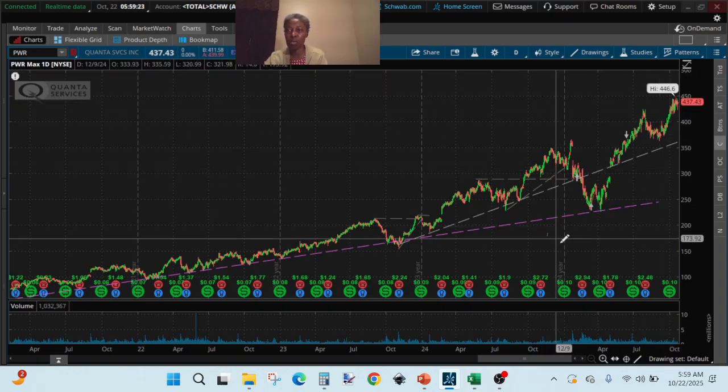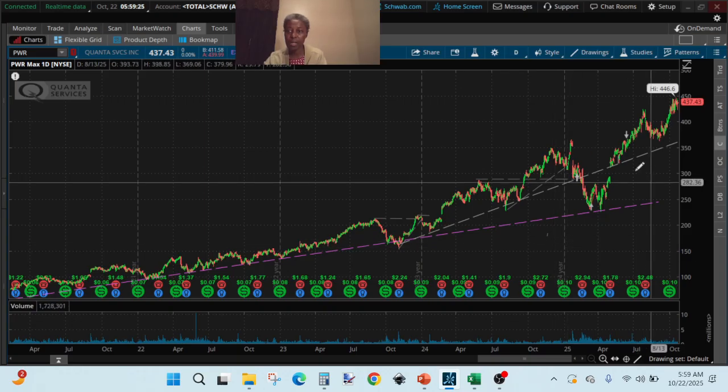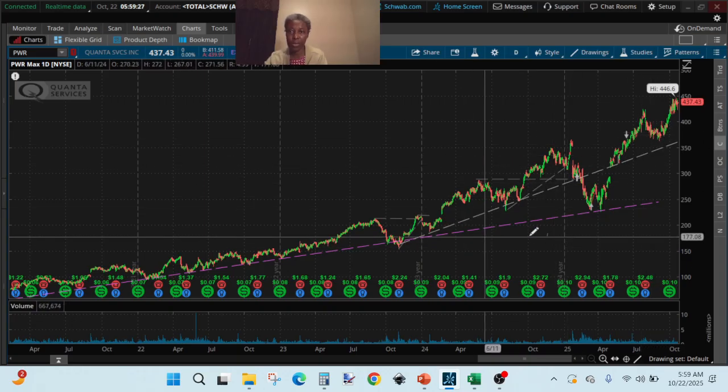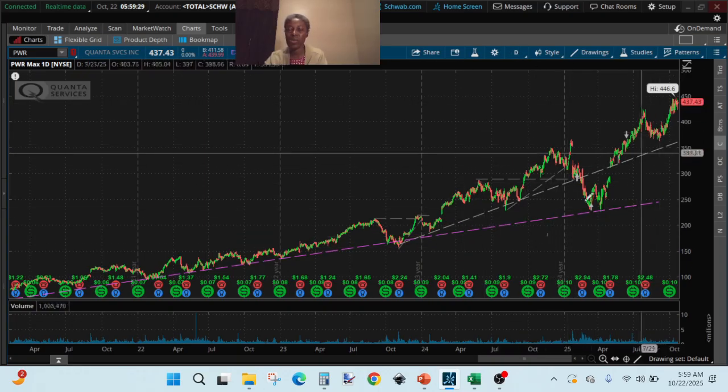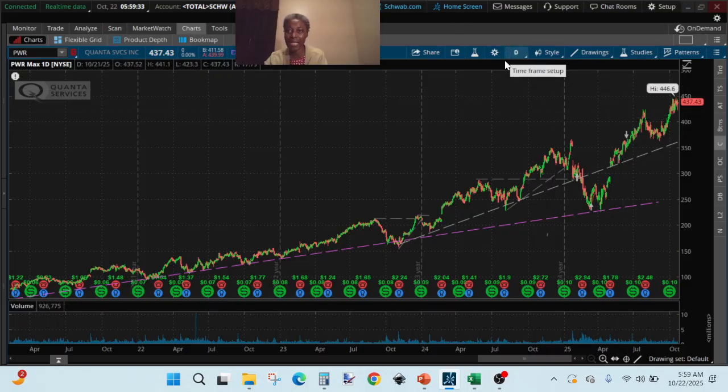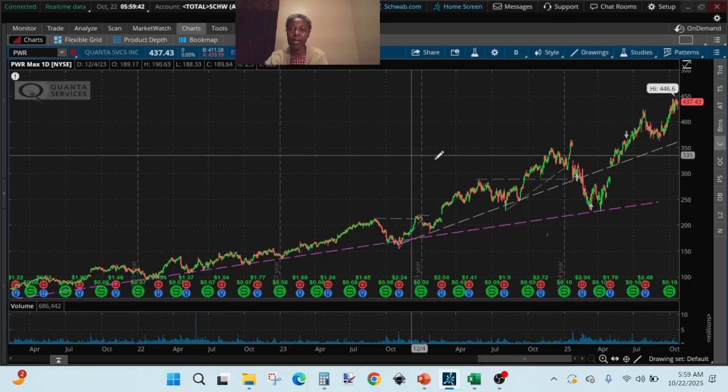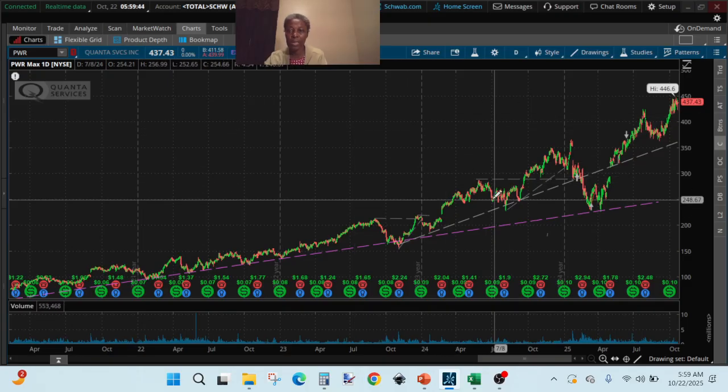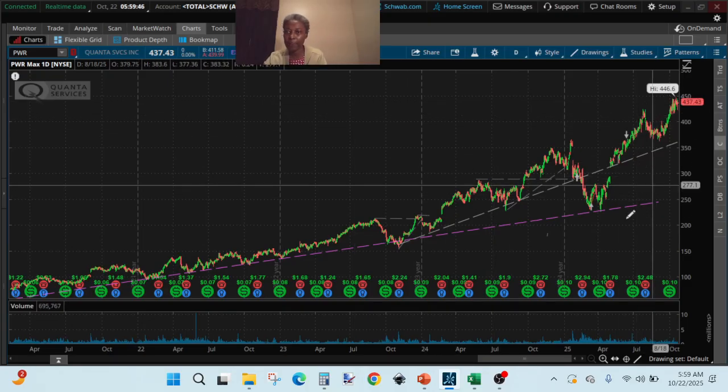If you are using a 1 year time frame, those new highs will be different. But because we are using the maximum daily chart, it's pretty much the highest price in the history of this company after it went public. At least that's the way I understand it.